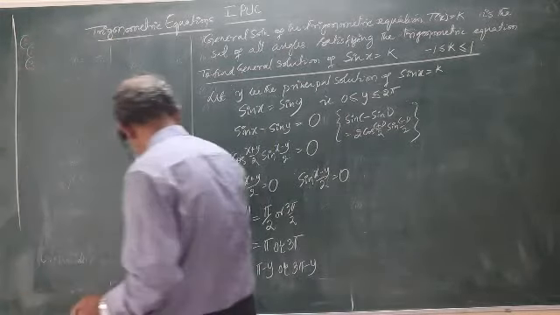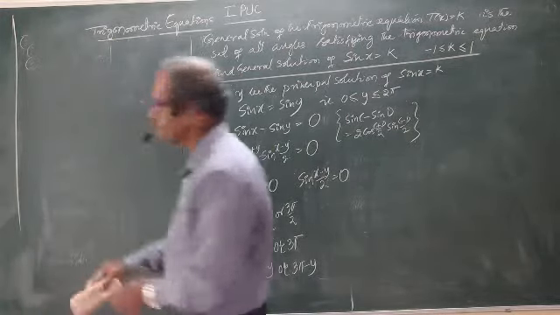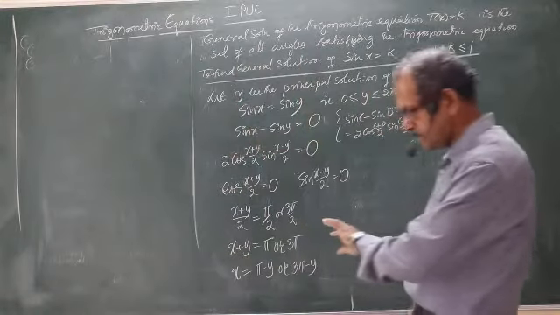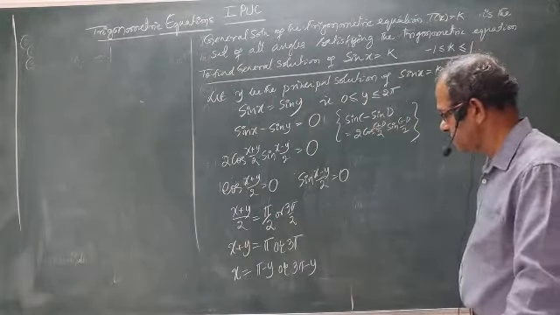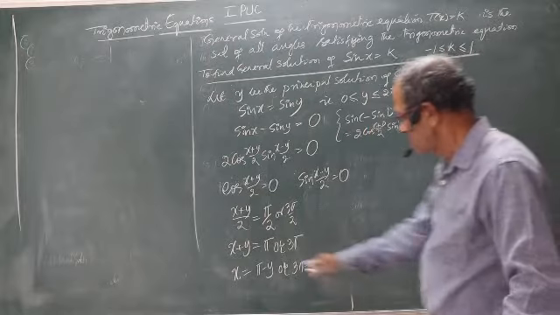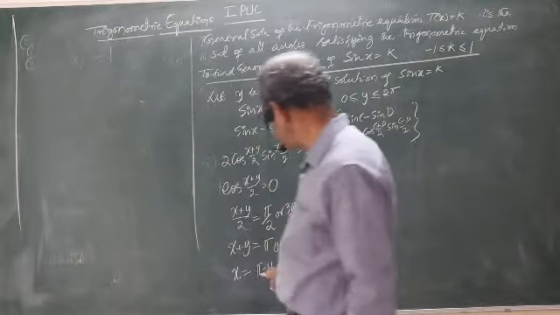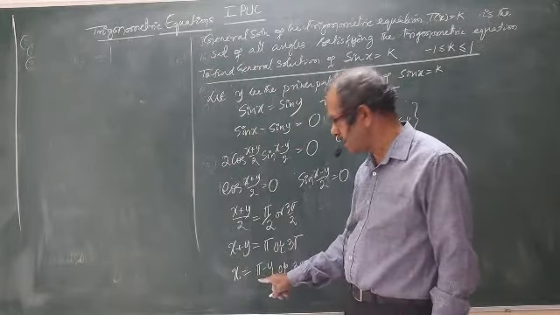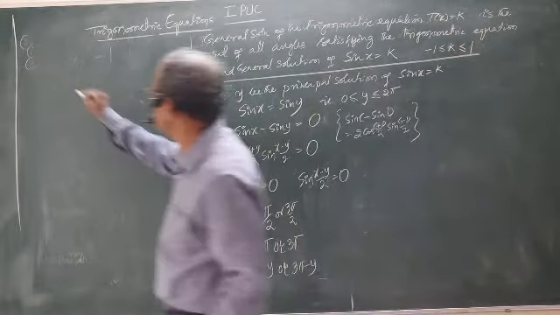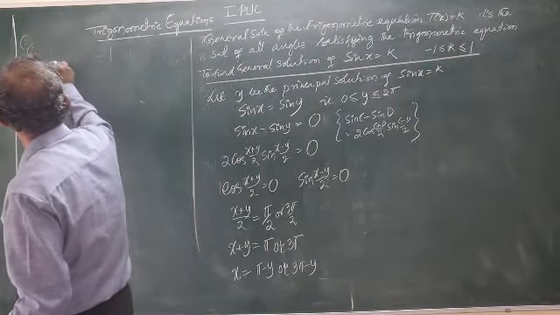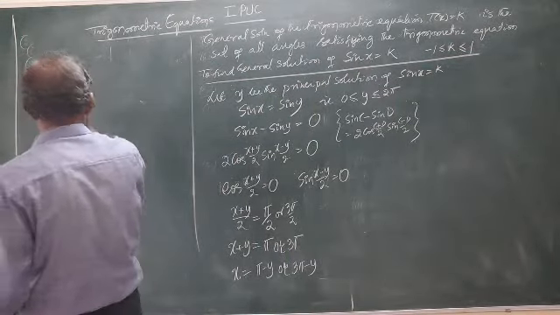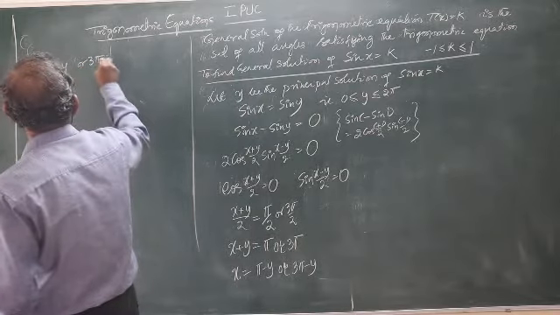Careful. If you add 2 pi to this, what do you get? x equal to pi minus y or 3 pi minus y.